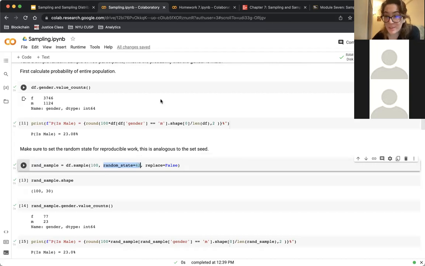So either you just set the seed once, and that's similar to creating a world in Roblox or one of those games where you set a seed and it creates your starting instantiation point. You only need to do that once because then it always goes back to that same starting point. I think actually if I set the seed and then give a new random state here, this would override that other seed.